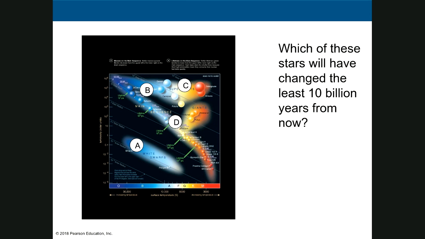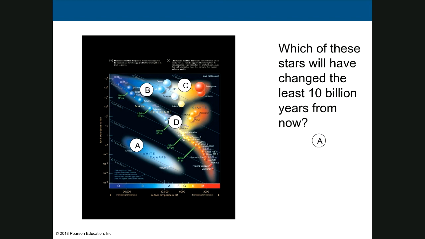So now, which of these stars will have changed the least in 10 billion years from now? Let's see if we can get that one. So A will have cooled. I don't know if we're calling A a star though, which is a good question.